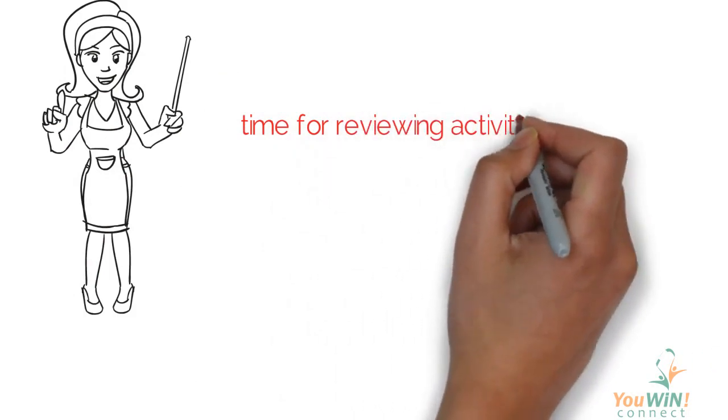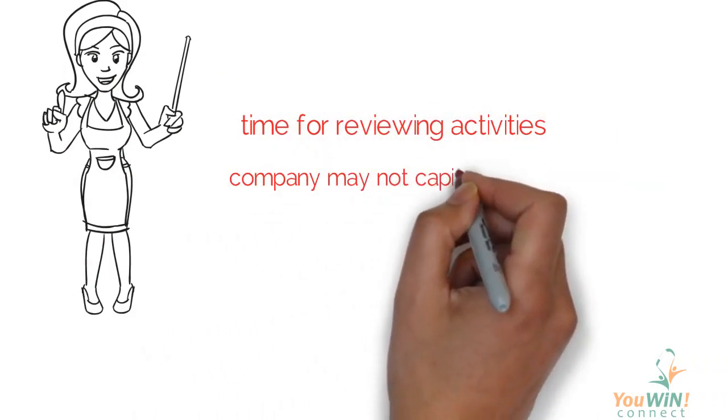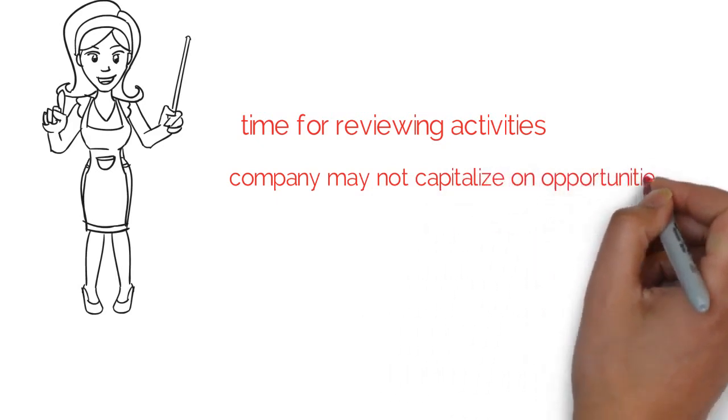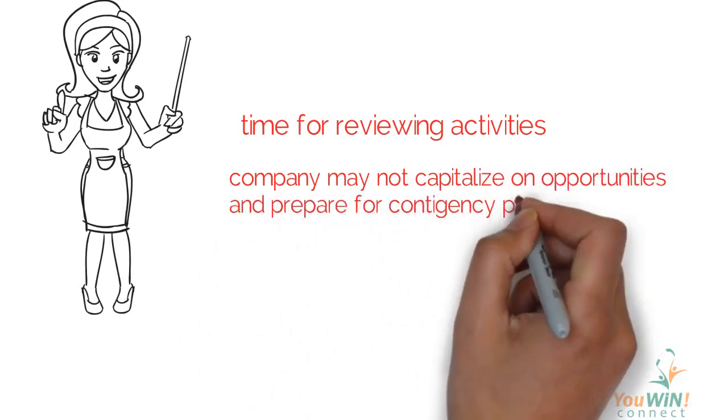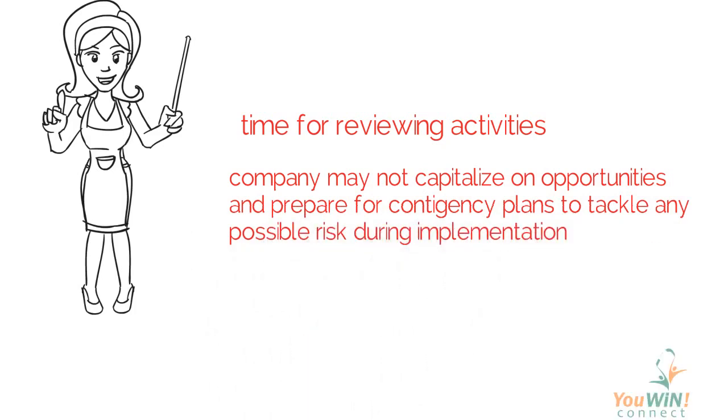It is not advisable to fix the time for reviewing activities. Otherwise, your company may not capitalize on opportunities and prepare for contingency plans to tackle any possible risks during implementation.